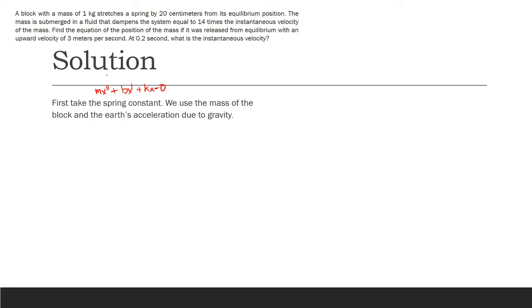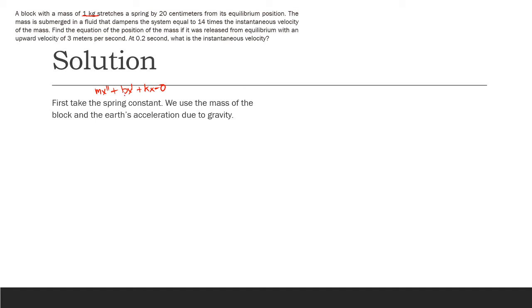Is our m given? Yes, m is given. It says mass, it's 1 kilogram. Be careful: when it says mass, it is mass. But when it says weighing, it weighs this much, that is weight, so that's mg as a whole. So, m is given.